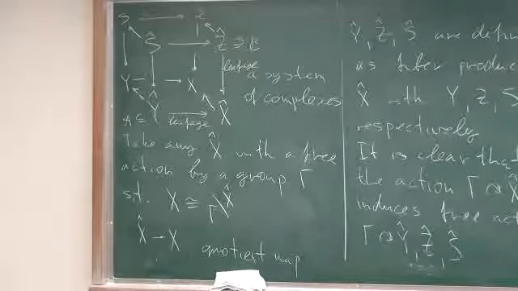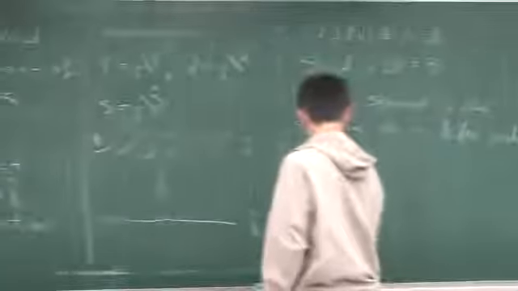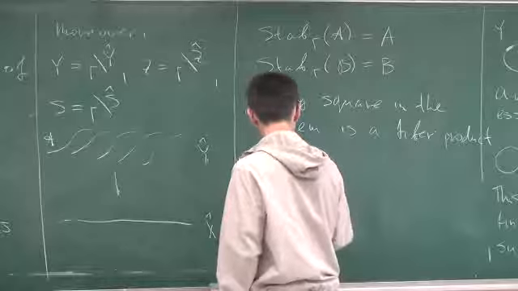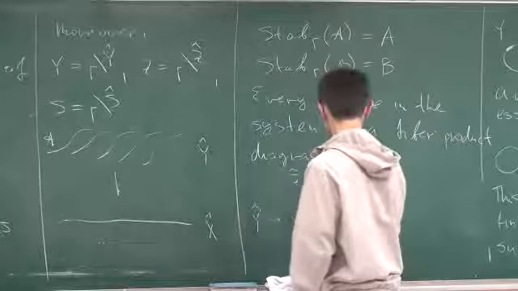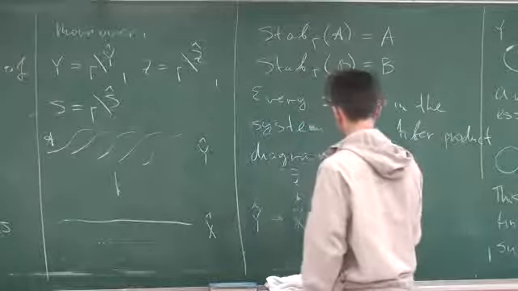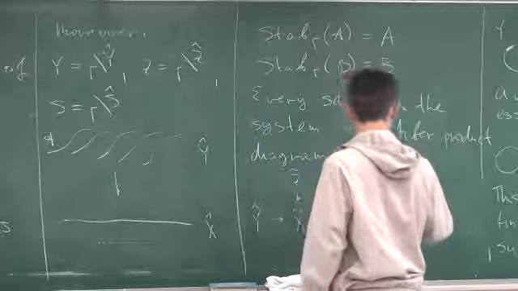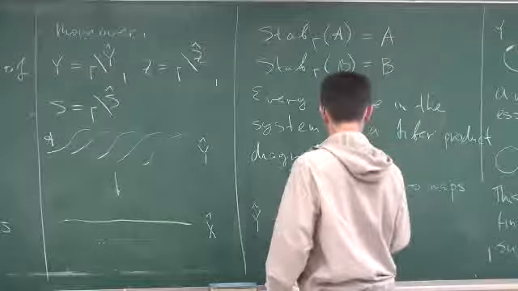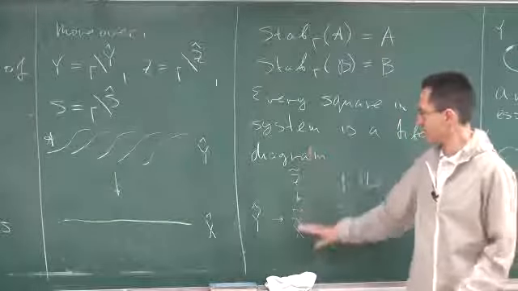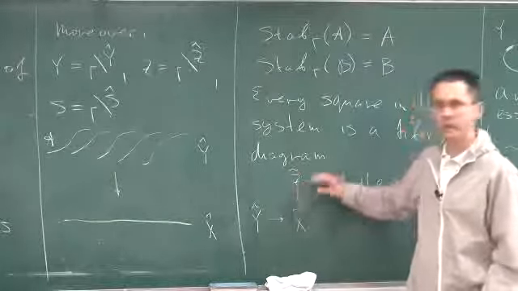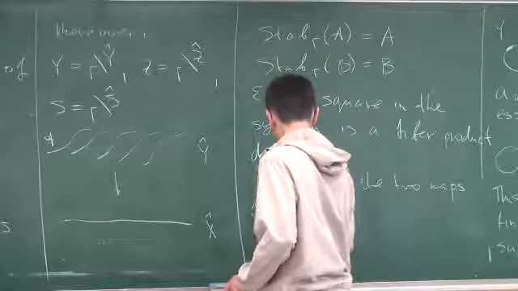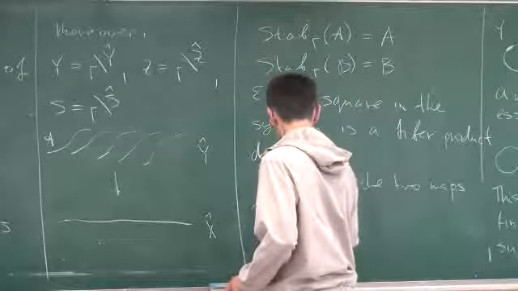So let's give some example. If you have some graphs, Z tilde, Y tilde, and the two maps are injective. I'm just taking some cell complex here, and here, and I'm assuming that the maps are injective.